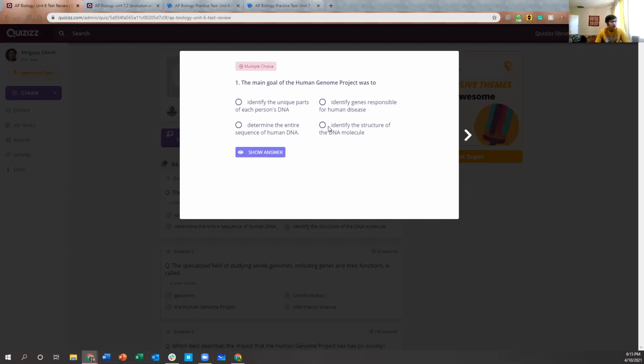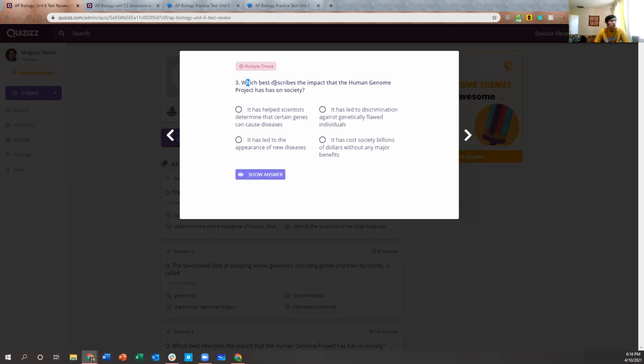So the answer should be this one: determine the entire sequence of human DNA. Okay. The specialized field of studying whole genomes, including genes and their functions, is called probably genomics, because, remember, genome is in the word genomics, okay? Which best describes the impact that the Human Genome Project has on society.